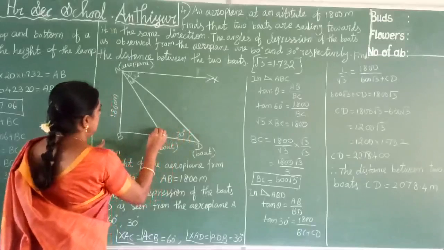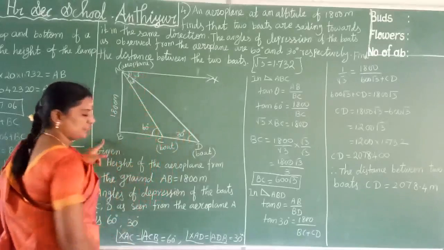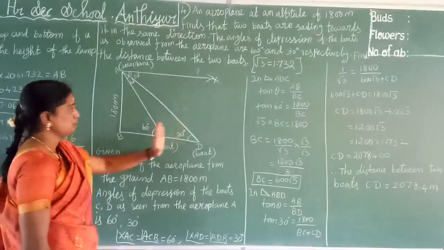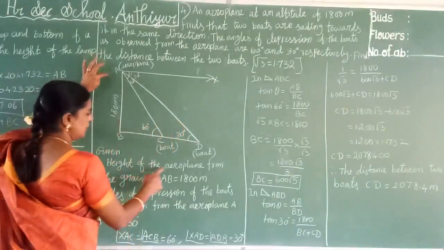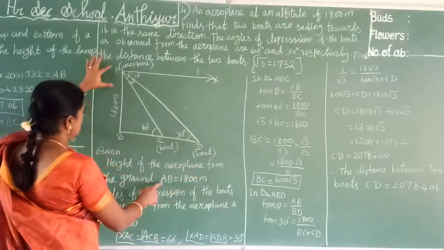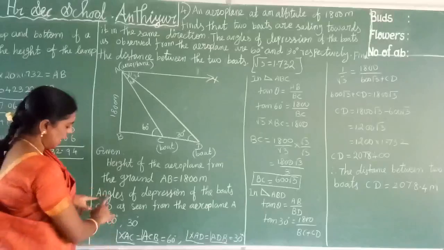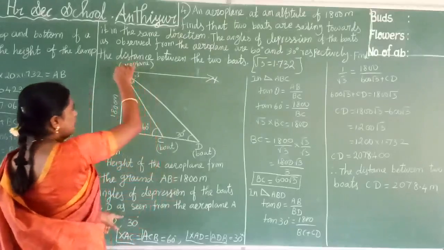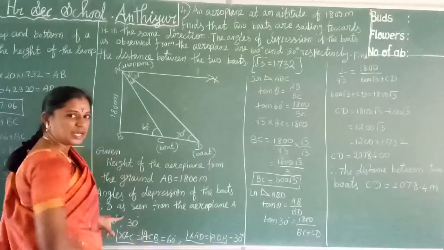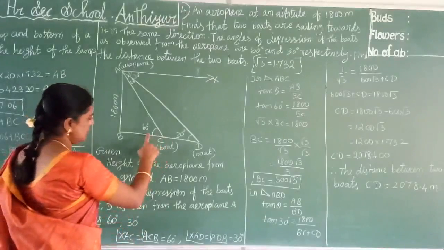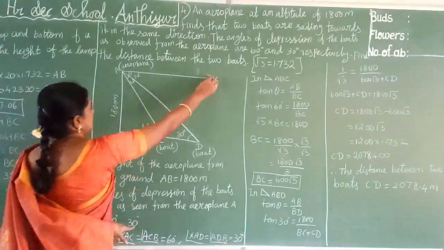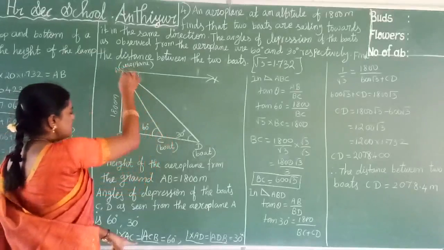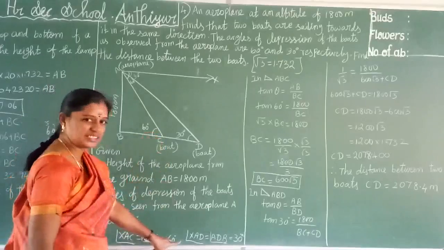This one is 30 degrees, this one is 60 degrees. These two are boats, and this one is the aeroplane. Write the given height of the aeroplane from the ground, AB equals 1800 meters. The angles of depression of the boats C and D, as seen from the aeroplane A, are 60 degrees and 30 degrees. Angle XAC is equal to angle ACB, and both are 60 degrees.